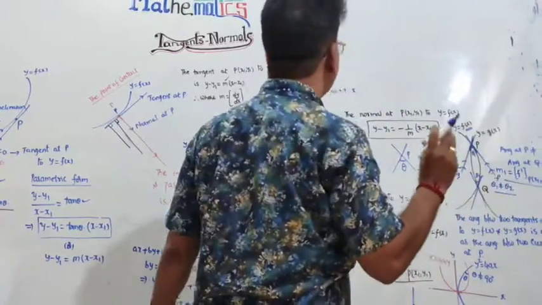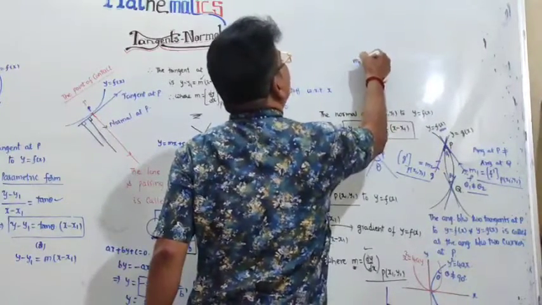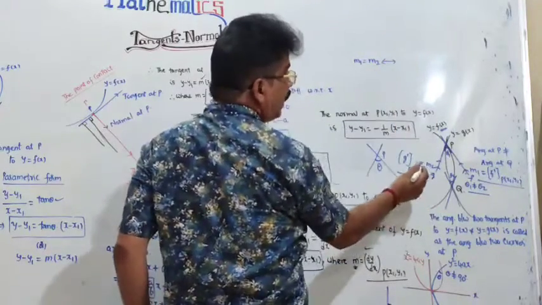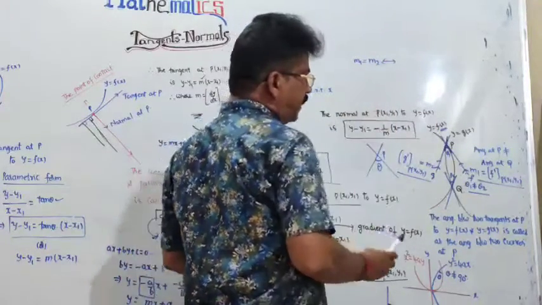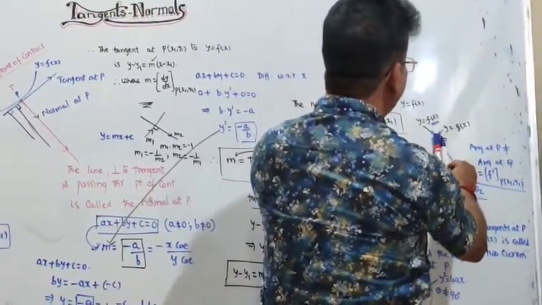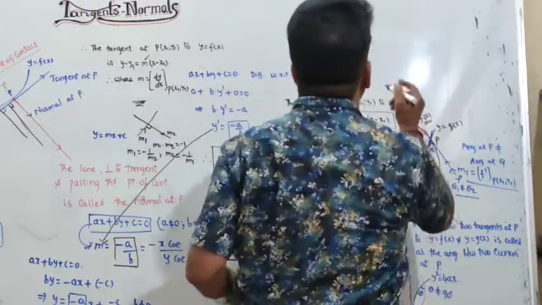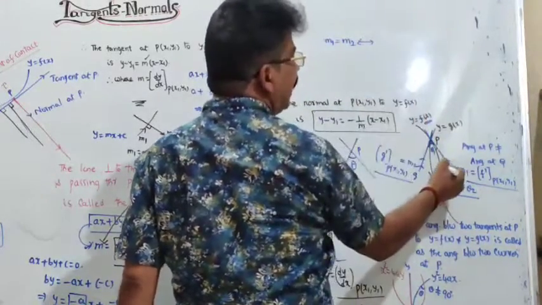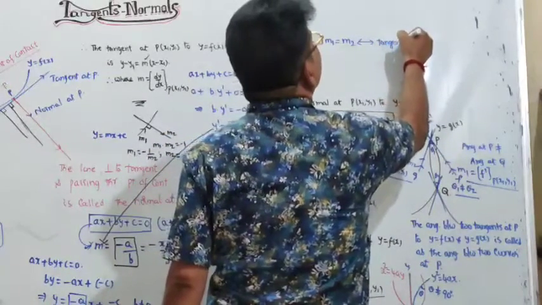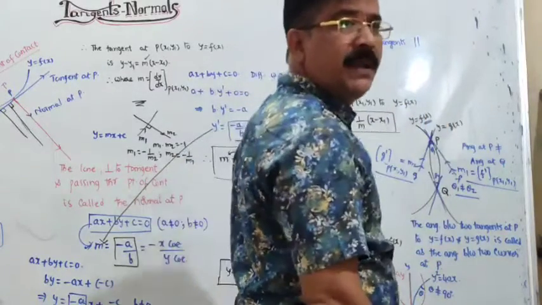Now we are telling some special properties. What is that? m1 is equal to m2. m1 equal to m2 means the slopes are equal, so these two tangents either are parallel or will coincide. Means the tangents will be parallel.